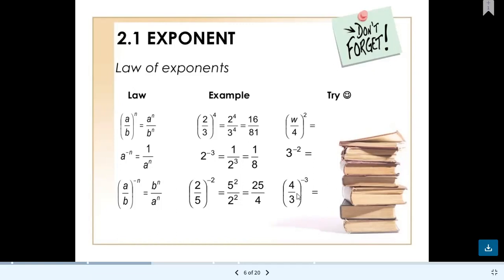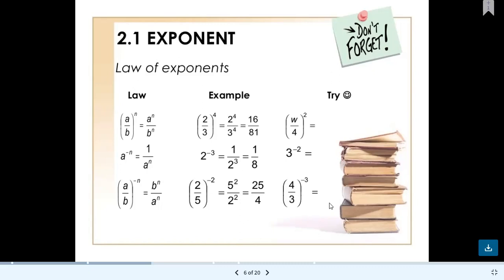So magiging 27/64. Hindi naman natin ito malo-lowest term, no? Kasi ang mga divisor ng 27 is 3 and 9, while yung 64, wala siyang 3 o 9 na divisor. So hindi natin malo-lowest term, 27/64.